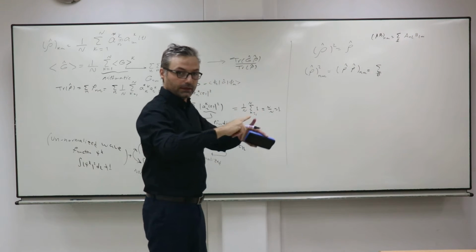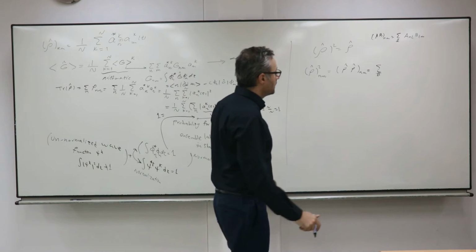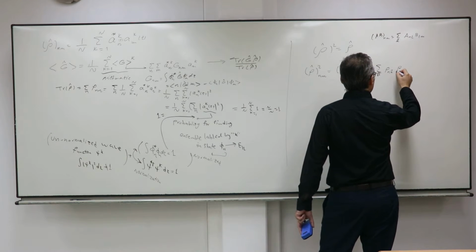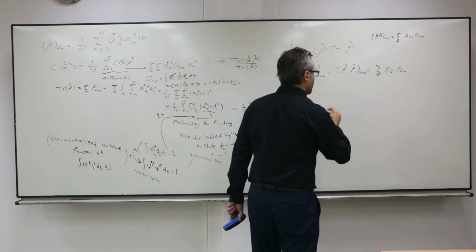When you multiply two matrices, you read it before several places. So we write that like rho nL rho Lm.